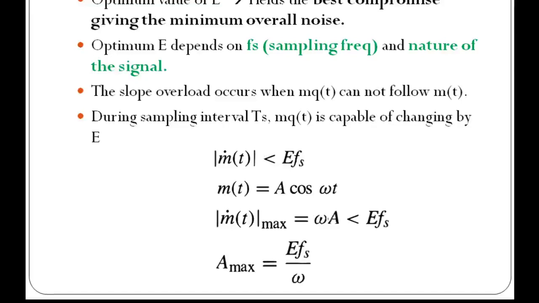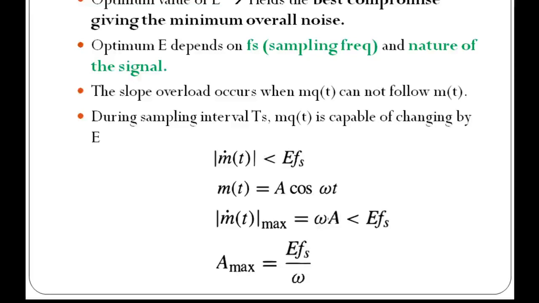So let us consider the case of tone modulation, where we are using only a sinusoidal signal. So m(t) is equal to A cos omega t. We are using a pure sinusoidal signal, that's why this is called tone modulation.